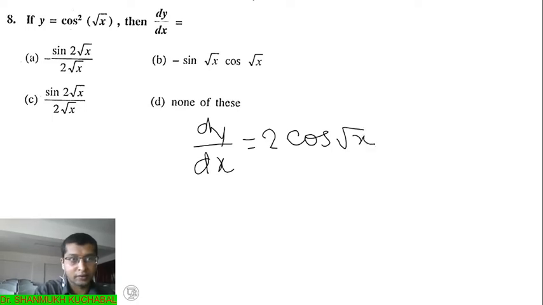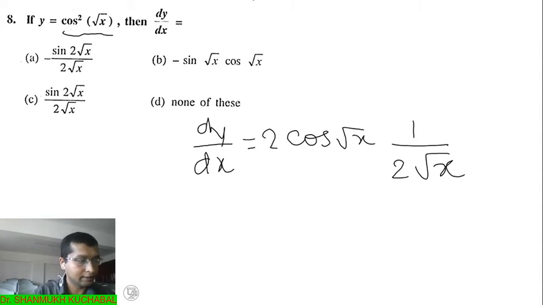Cos square differentiation we have calculated. Then the inner function root x differentiation is 1 by 2 root x. And we also write the cos root x differentiation, it is minus sine root x.